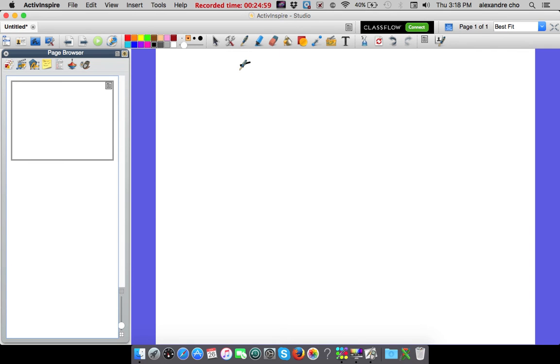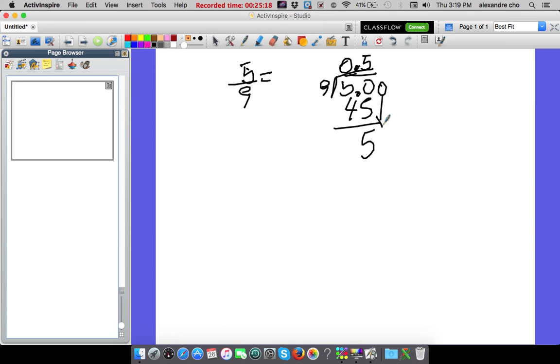Last 6 questions. 5 over 9. Okay, so let's divide. 5 divided by 9 gives 45, then 50 again. It's going to be a repeating decimal, because if I bring another 0 down, still 50 again, and so forth. So it's going to be 0.5 with a bar notation. 4 and 7/8.